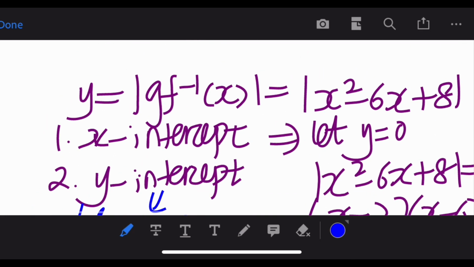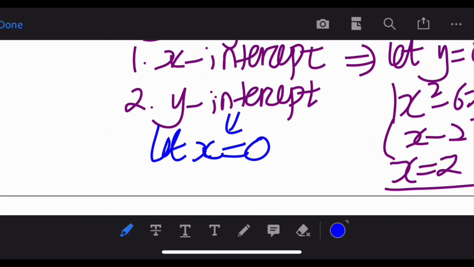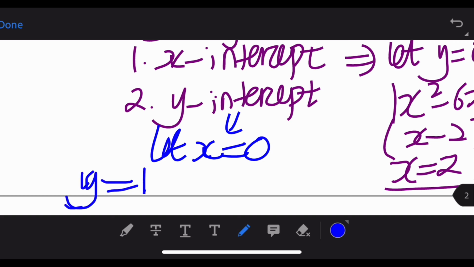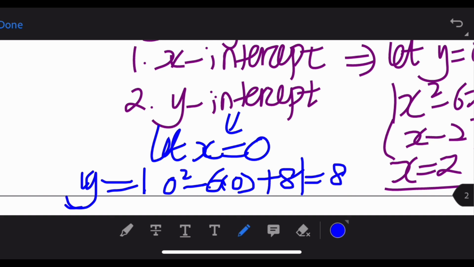When x is 0, y, which represents the modulus, is 0 squared minus 6 times 0. Normally we just zero off, so it's modulus 8, which is 8.